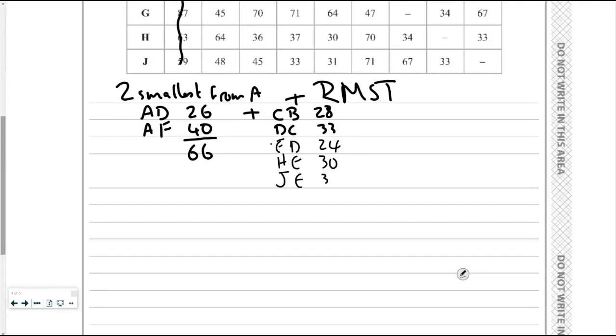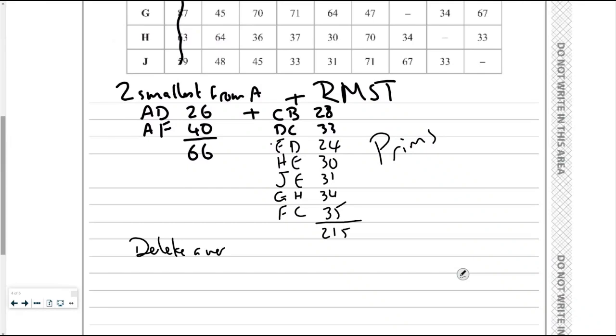JE for 31. GH for 34. FC for 35. So just continued with Prim's, doing it properly. And that gave you 215. So if someone deletes a vertex from A, it was 215 plus 66, which is 281.